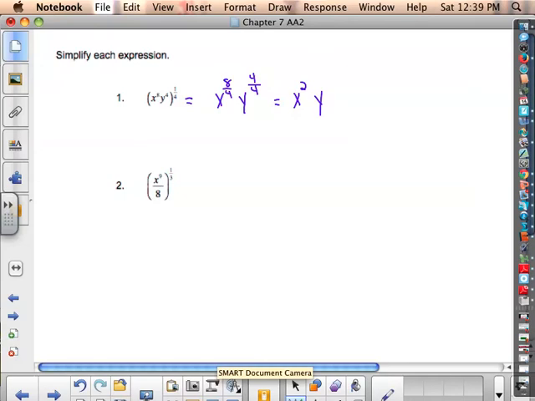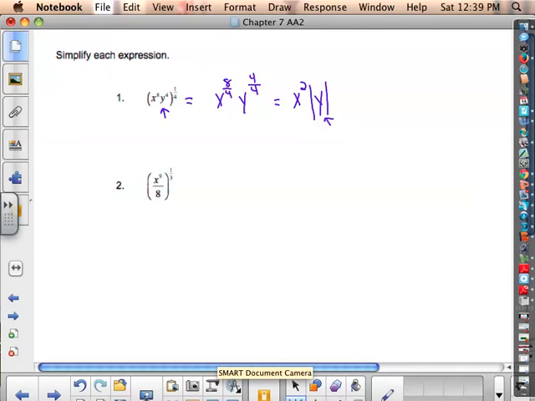This is one of those that when you look at this, you have to ask the question, are they equivalent? Or what will make them equivalent? If you look in here, y will be positive. But out here, you're not assured that y will be positive. So in order to make them equivalent, you must put those absolute value symbols around the y.